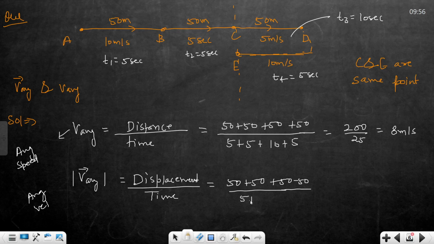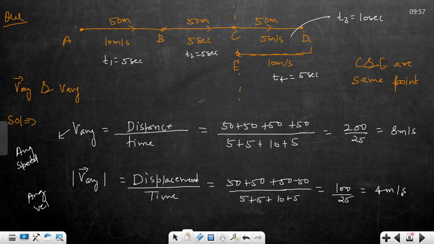And time is same, 5 plus 5 plus 10 plus 5. So it's 100 by 25. That is equal to 4 meter per second. Correct? So in this case, we got the first case when the velocity and speed are not equal. Whenever there is any change in direction, in that case, velocity must be less than speed.